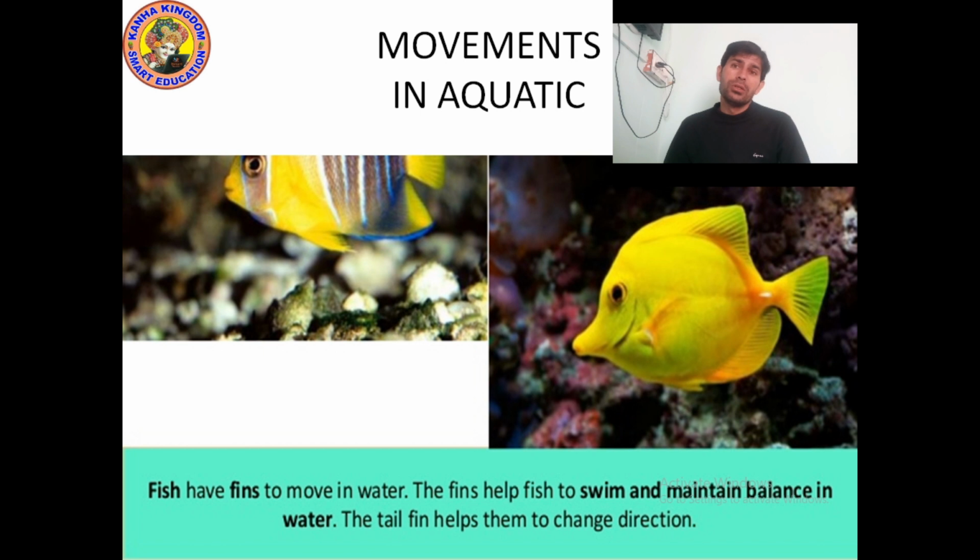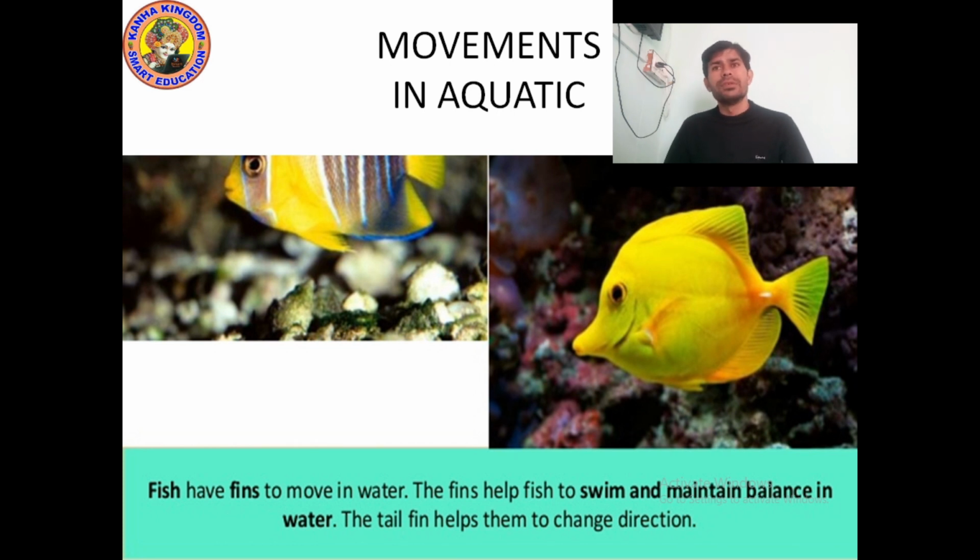Yes, fish have fins. Birds can fly because of wings, and fish can swim because of fins. Yes, as you can see in the picture, the fins. Yes, and they have gills for breathing.